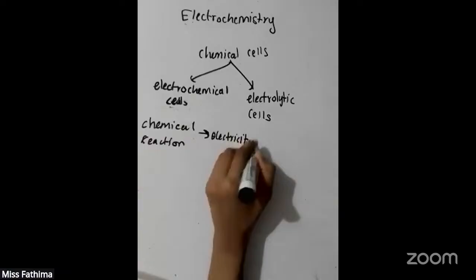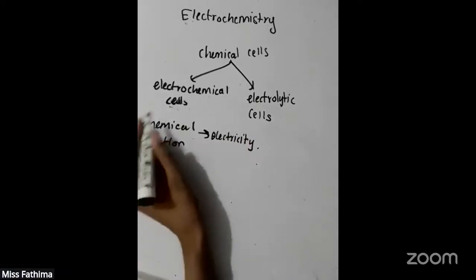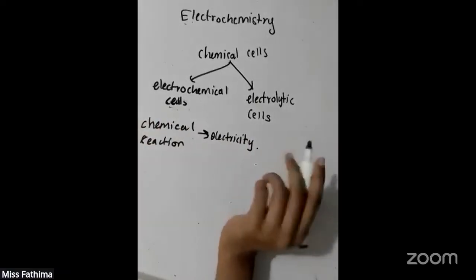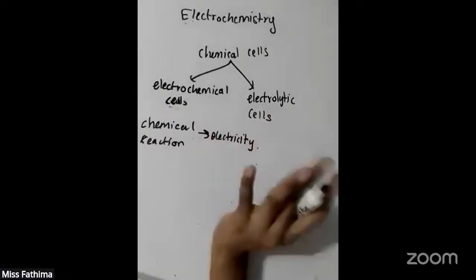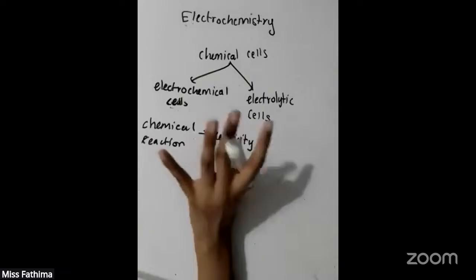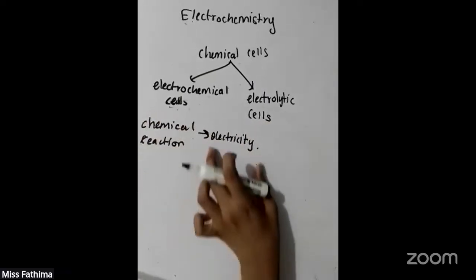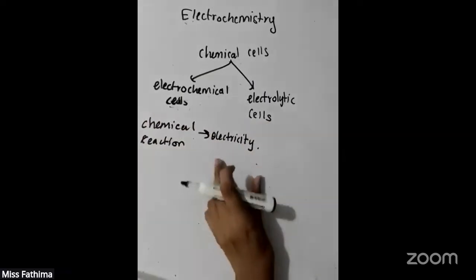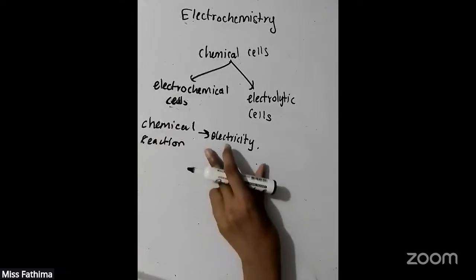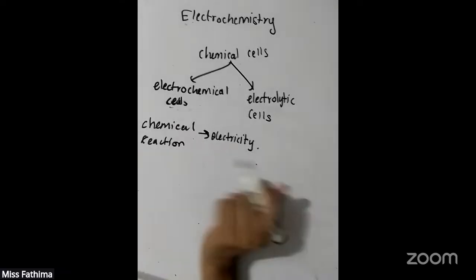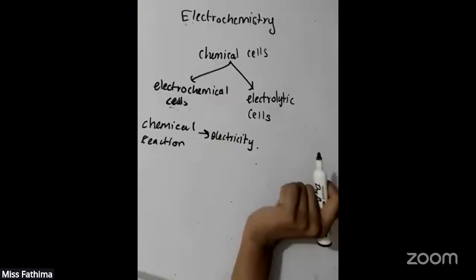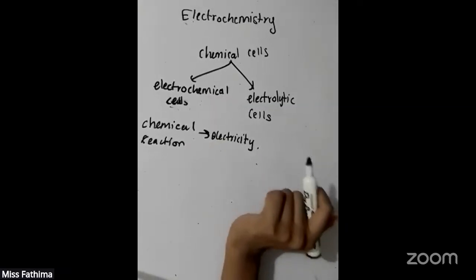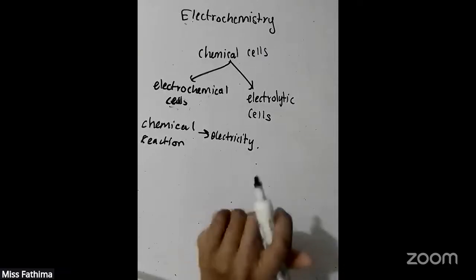Those types of cells, you call it as electrochemical cell. What is electrochemical cell, children? Don't memorize, just understand the idea. Electricity is produced due to chemical reaction. You call it as electrochemical cell.